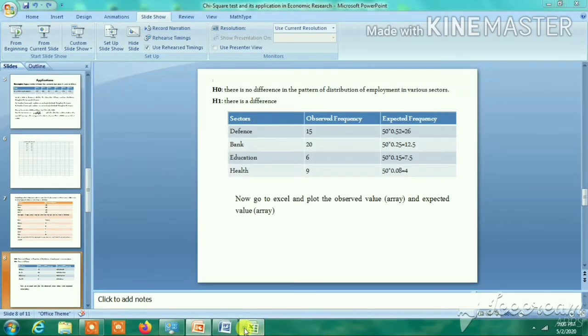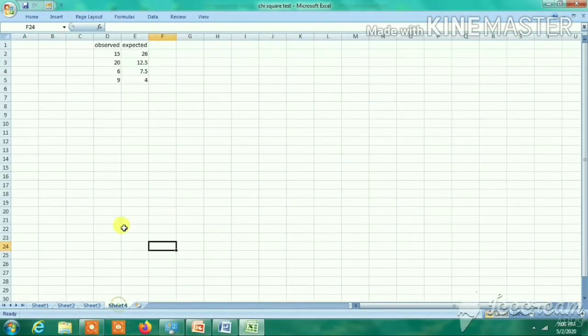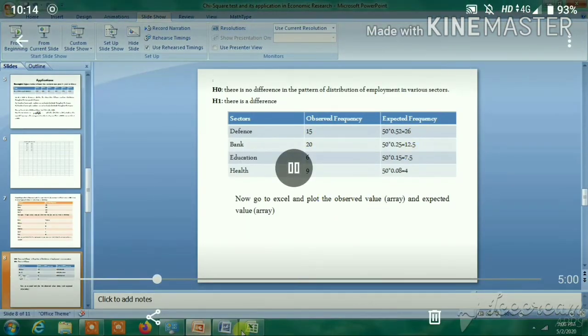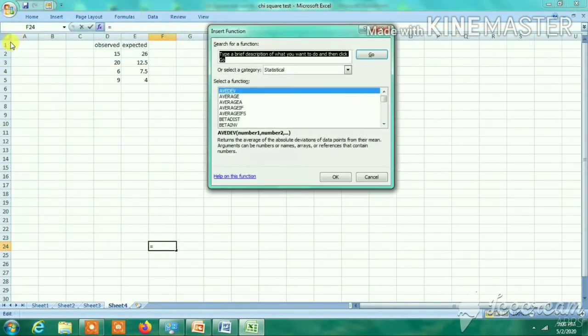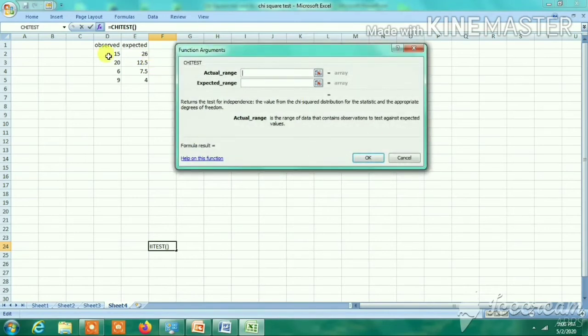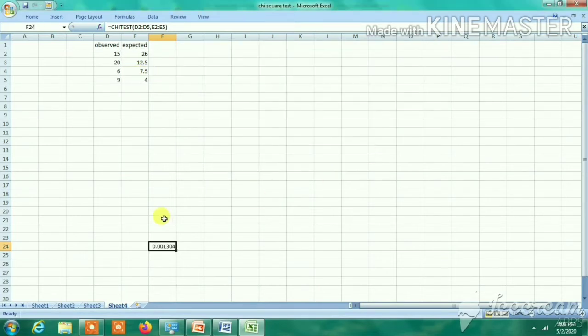Now going to Excel, this is the sheet: 15 26 9, 15 26 9, 26 12.5, 26 12.5 7.5 4. So what we have to do, formula same, exactly in the same way. Go, this one is chi-square test, click, write actual value, click, expected value, click, okay, this value.